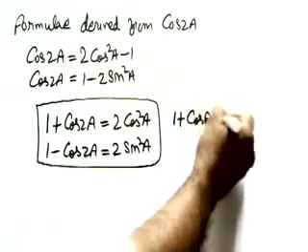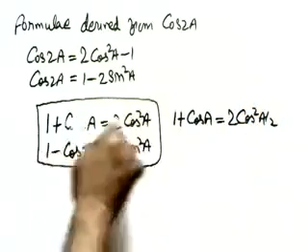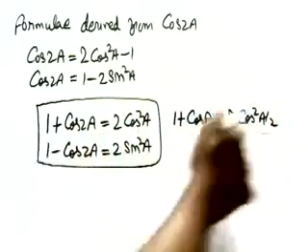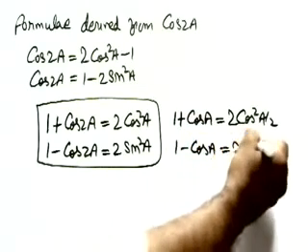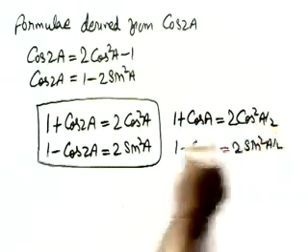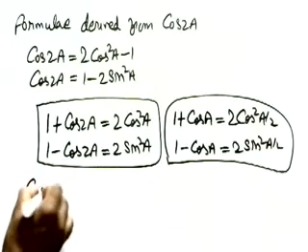In the same way, 1 plus cos a will become 2 cos square a by 2, and 1 minus cos a equals 2 sin square a by 2. So these are the two formulas we have to learn by heart. Now one more formula: if you bring 2 here, it will be divided.